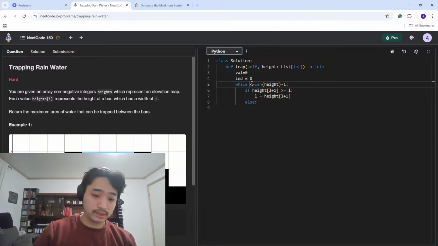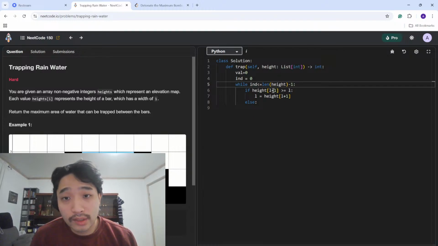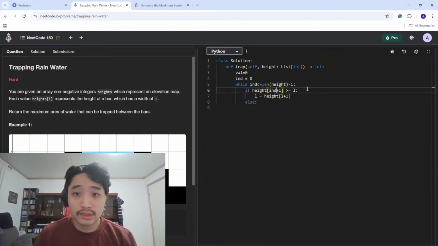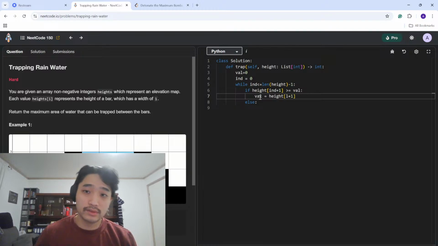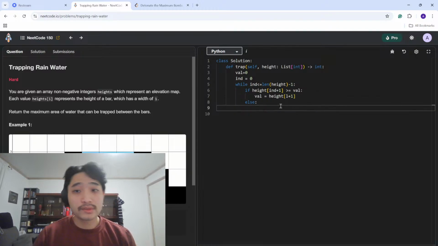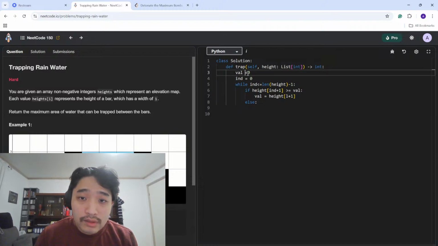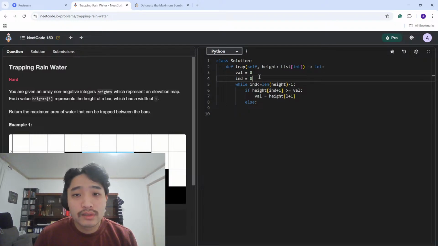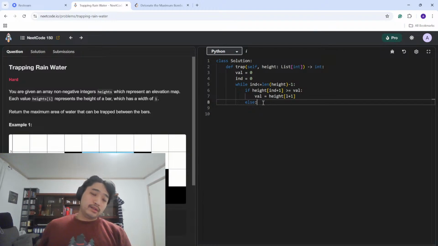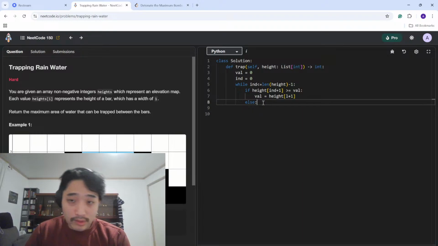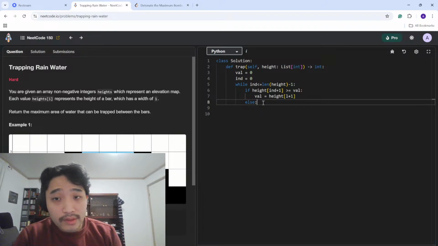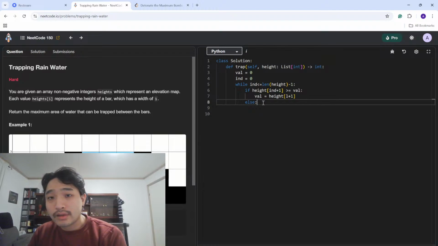So if the index and height of the x is height equal to, val equals to height. Else, and then we'll calculate that, but regardless, else.